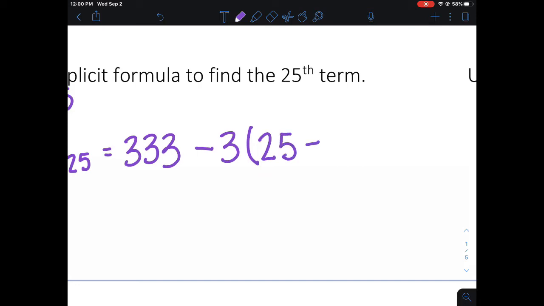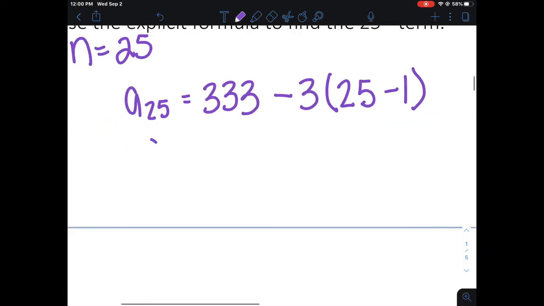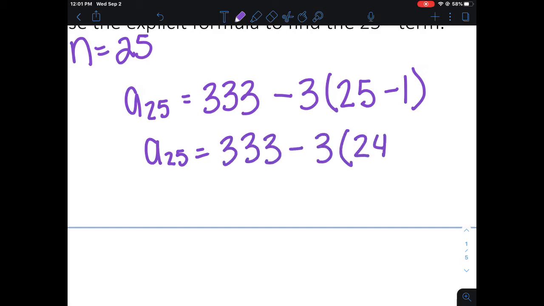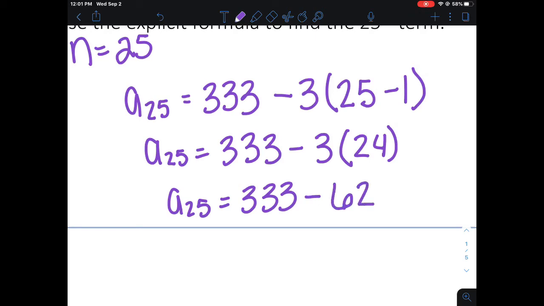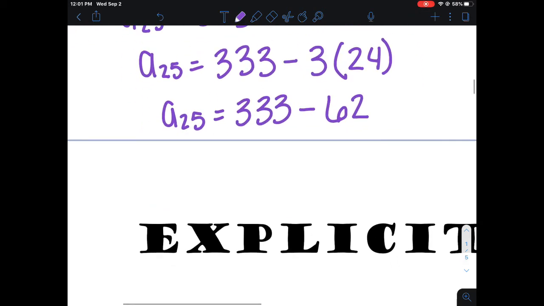Times 25 minus 1. So A sub 25 equals 333 minus 3 times 24, which is 333 minus 72, and when we subtract those, we get 261.